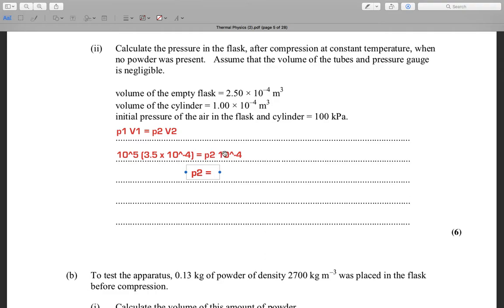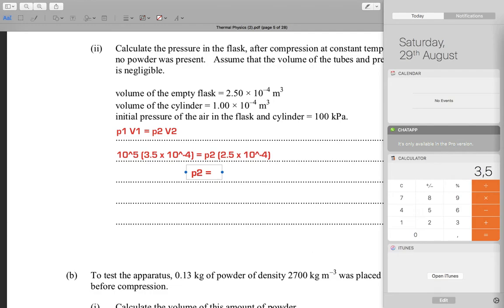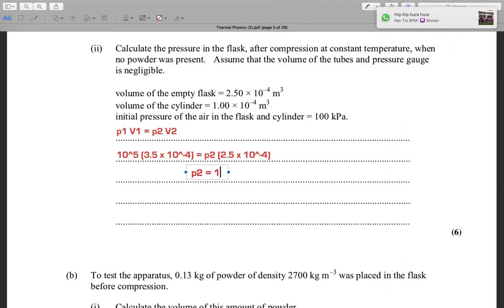So calculate this number: 3.5 divided by 2.5, 1.4 times 10 power 5 Pascal.